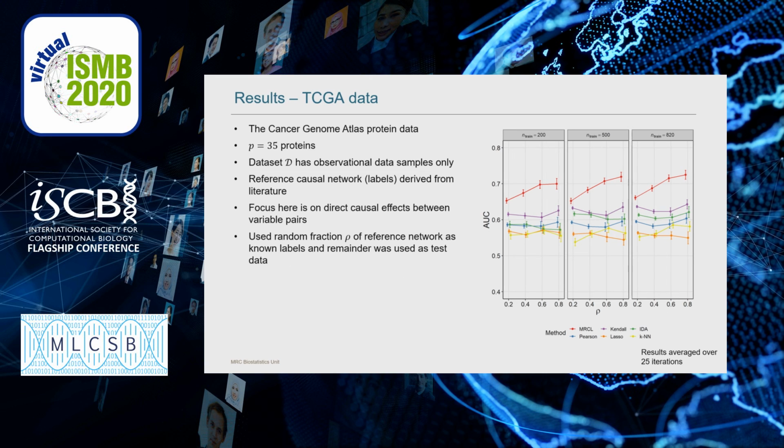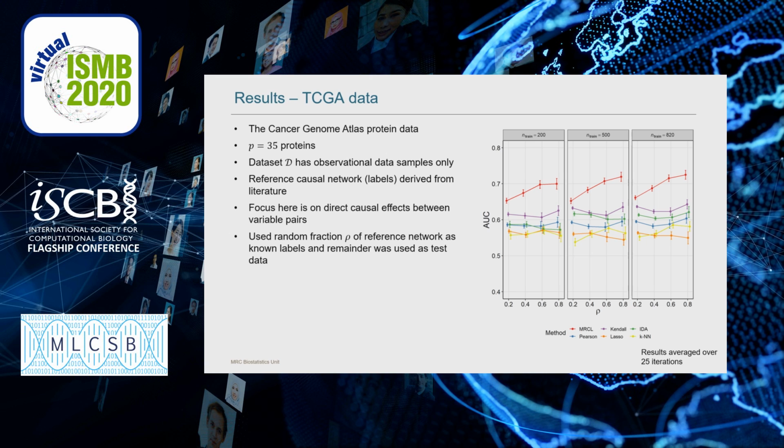Here's another example using TCGA protein data. The setup is similar to the last example, with the main differences being that this is observational data only, there is no interventional data, and the reference causal network is derived from literature, so it encodes direct causal relationships.